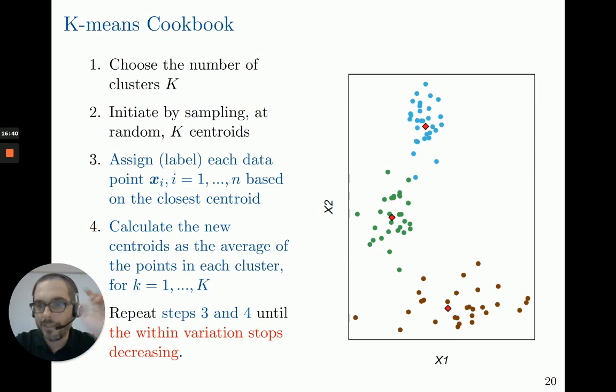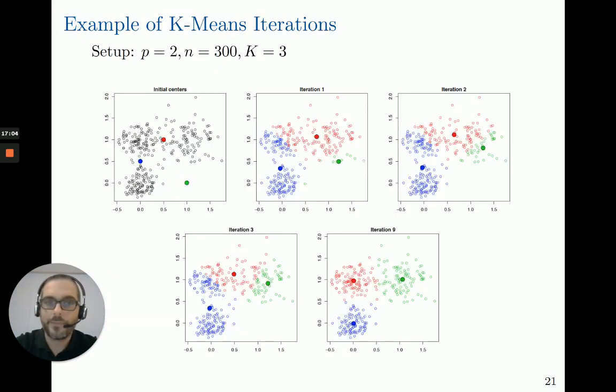Then we assign each observation to the cluster where the distance to the centroid is the smallest. And then we recompute the centroid and we iterate this procedure. So really, really simple to be implemented.